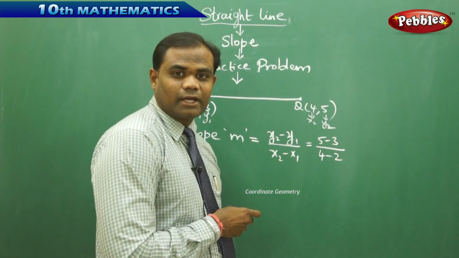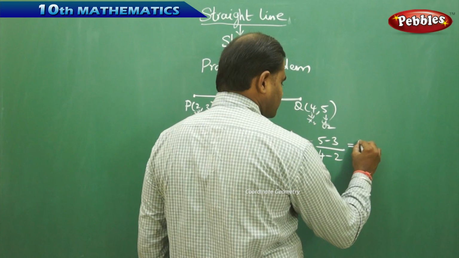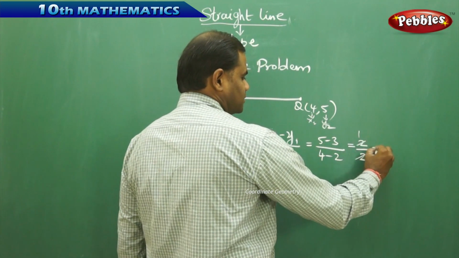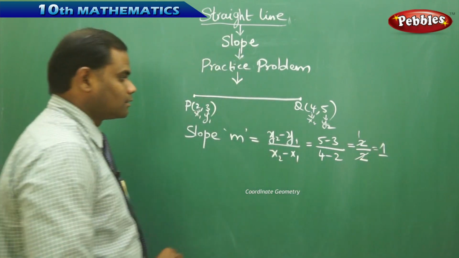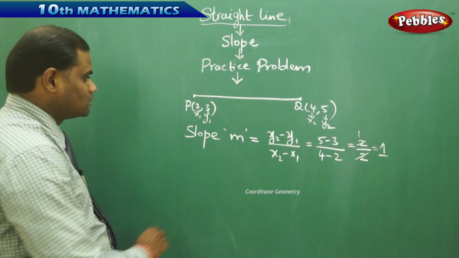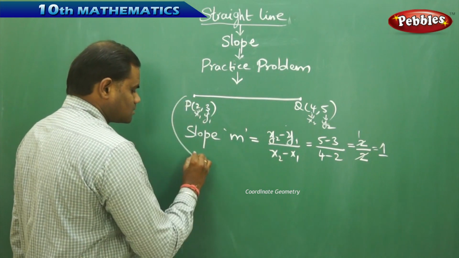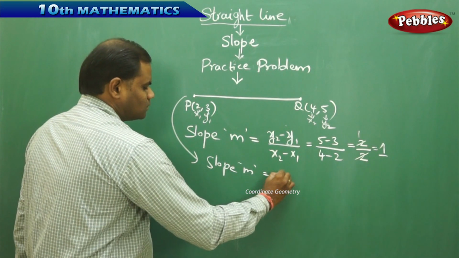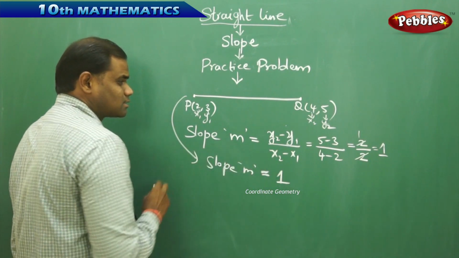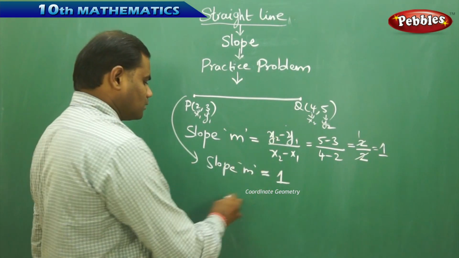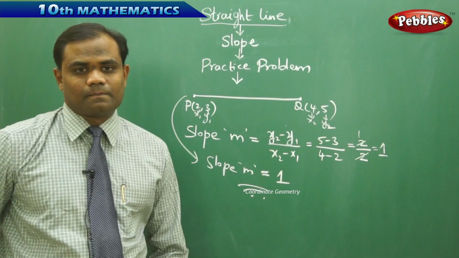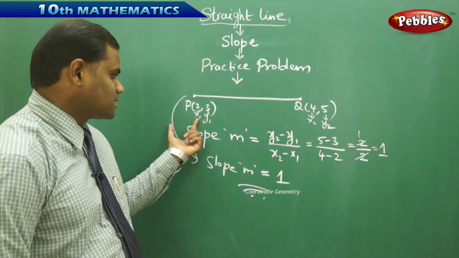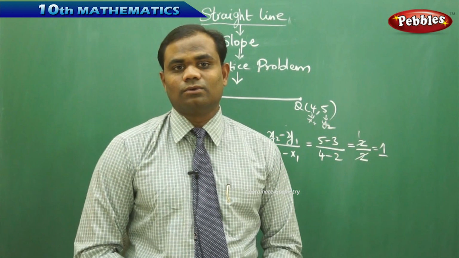On further simplification, this reduces to 5 minus 3, which is 2, and 4 minus 2, which is 2, which on cancellation gives me 1. Therefore, the slope of the straight line joining P and Q is 1, using the formula. This is how we understand the slope of a line joining 2 points (x1, y1) and (x2, y2).